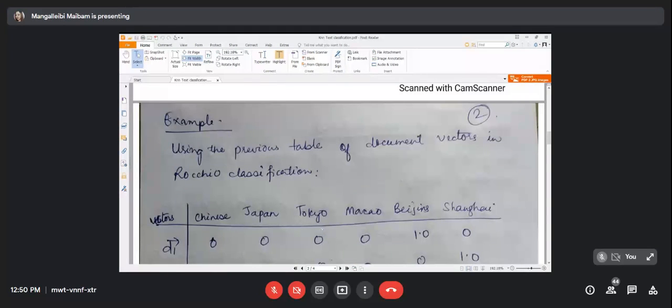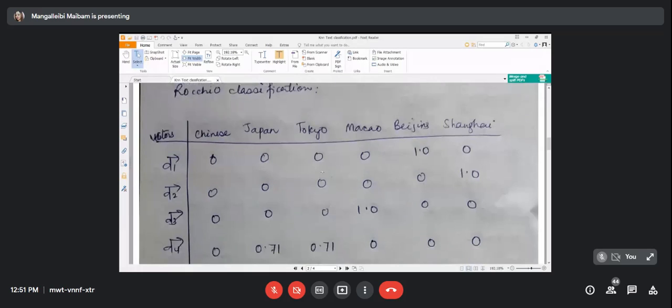Here also I am using the same example which we have been using right from Bayes classification. Using the previous table from our Rocchio's classification, the document vector table representing documents as vectors.